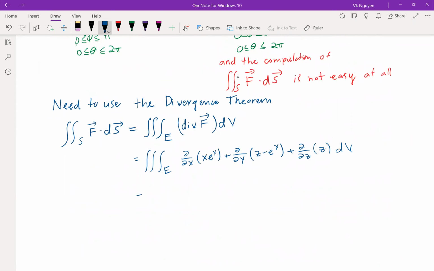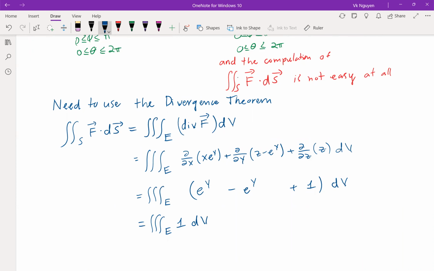Right, so what do we have here? We have e^y minus e^y plus 1 dV, and it is just 1 dV.